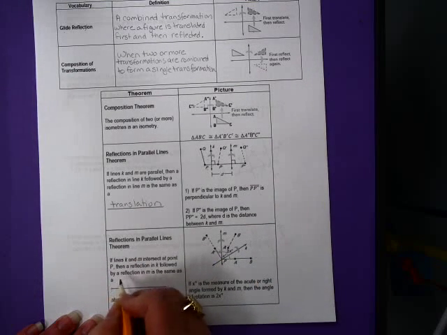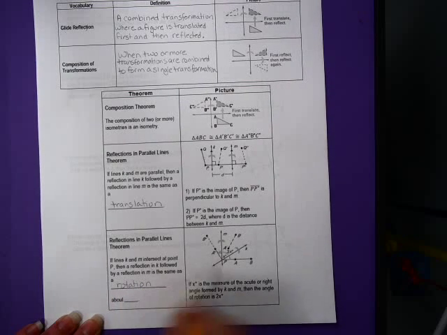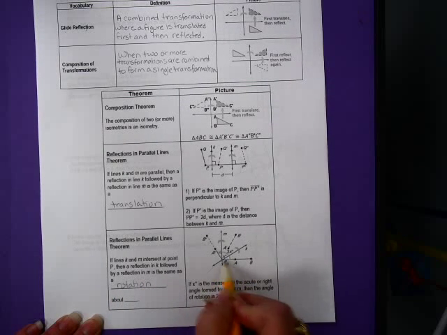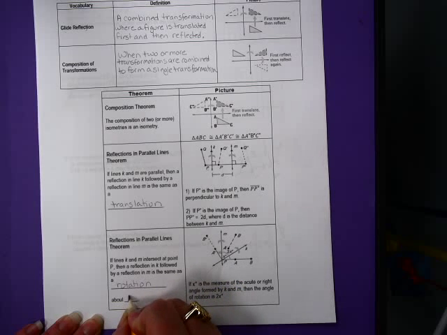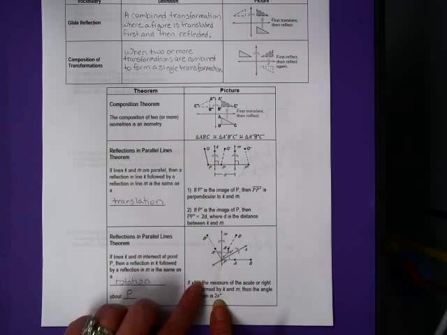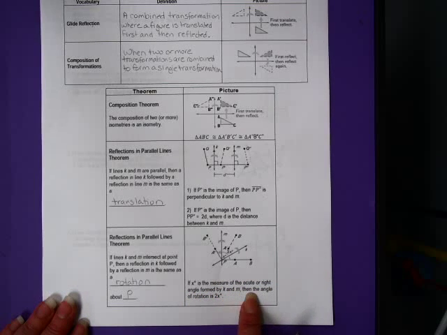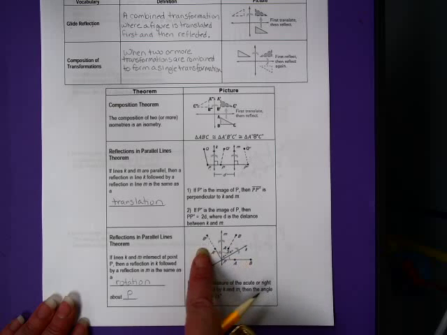So it is a rotation, and it's turning about point P, not the origin. It says if X is the measure of the acute or right angle formed by K and M, then the angle of rotation is going to be 2X to go from the original to the final image.